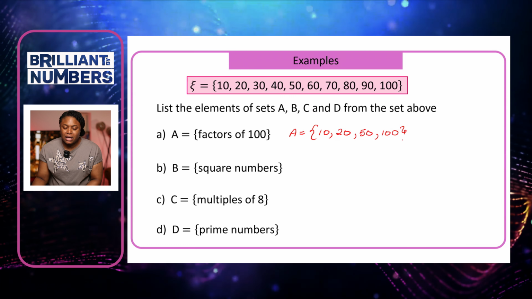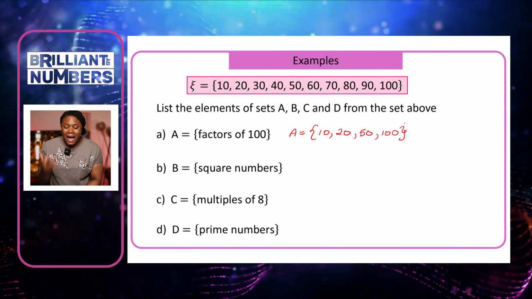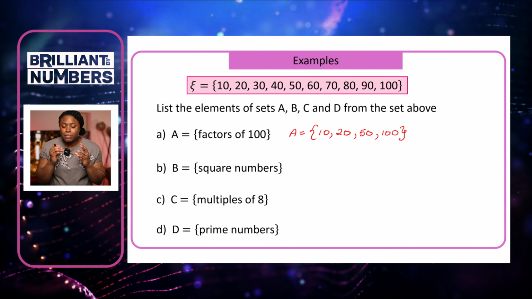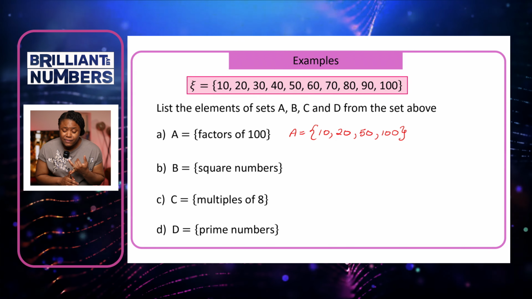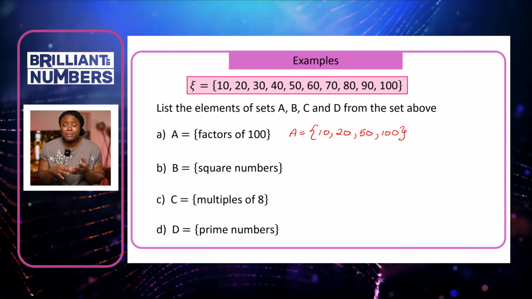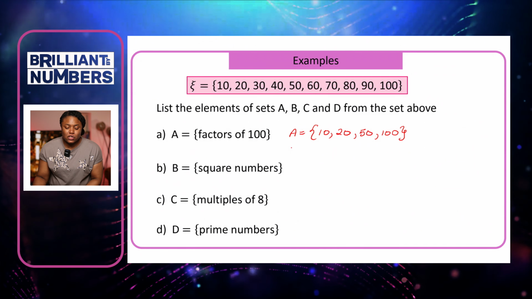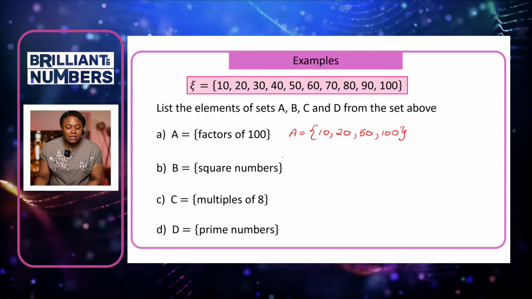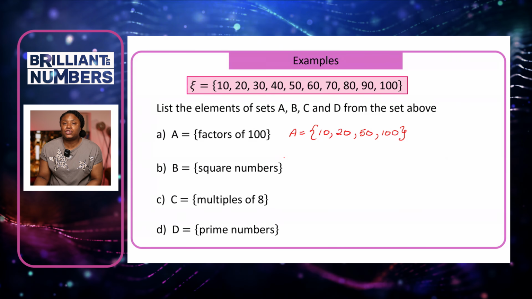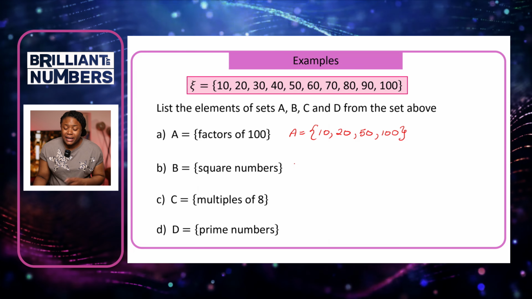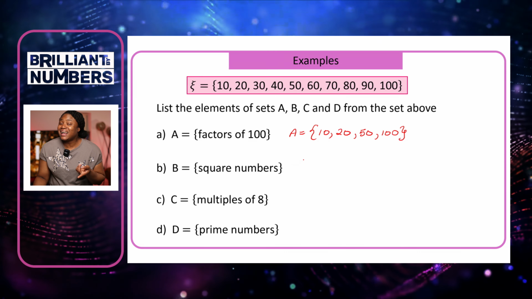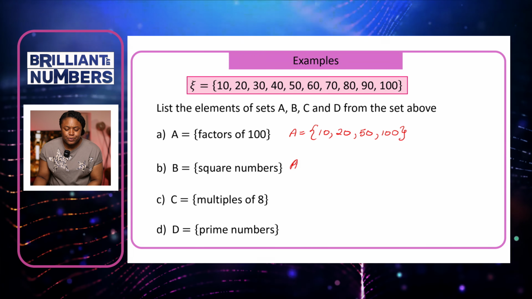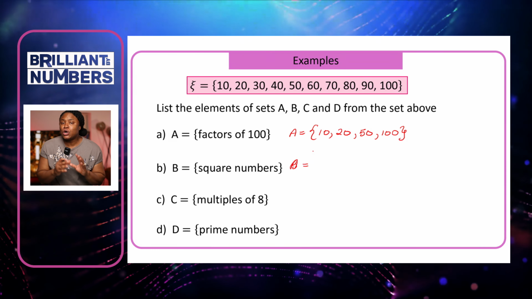So you can see here, in order to do Venn diagrams accurately or anything concerning sets, we also have to know some other key facts. We need to know what factors are, what multiples are, what square numbers are, and so on, based on what we could possibly be asked. Now for the next question, B is equal to square numbers. Remember, a square number we get from multiplying a number by itself.